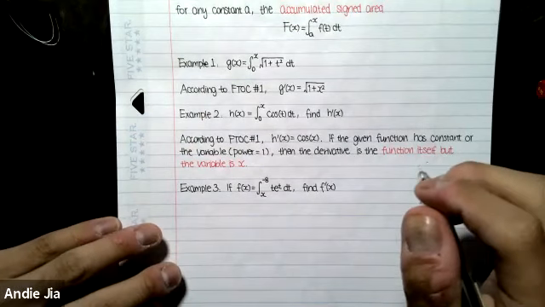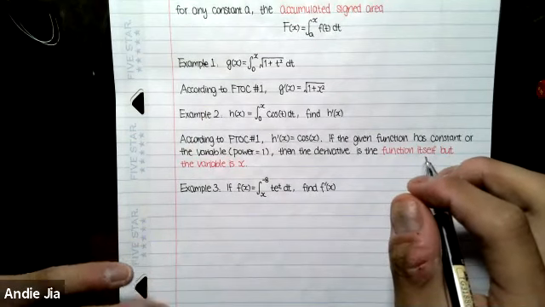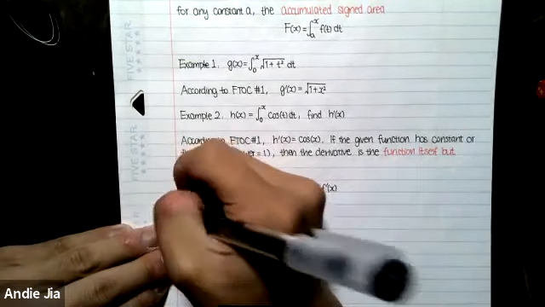First we see there's a negative value on the bottom bound, so we need to swap the bounds first.